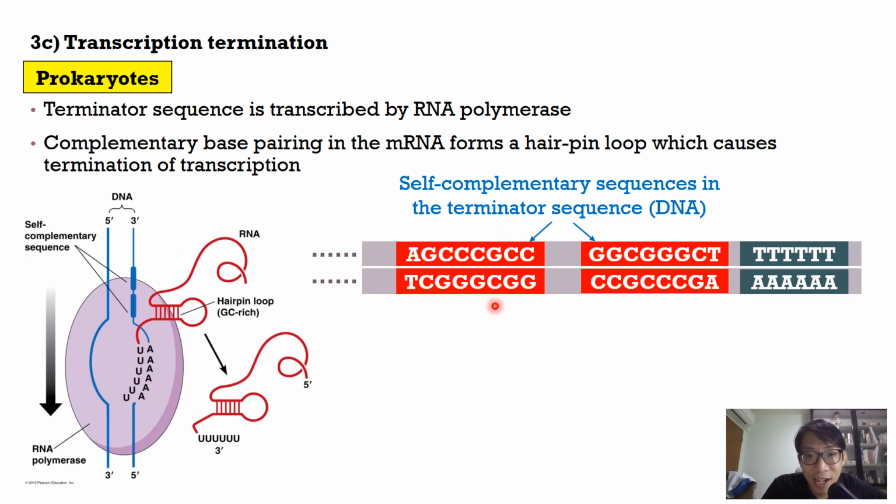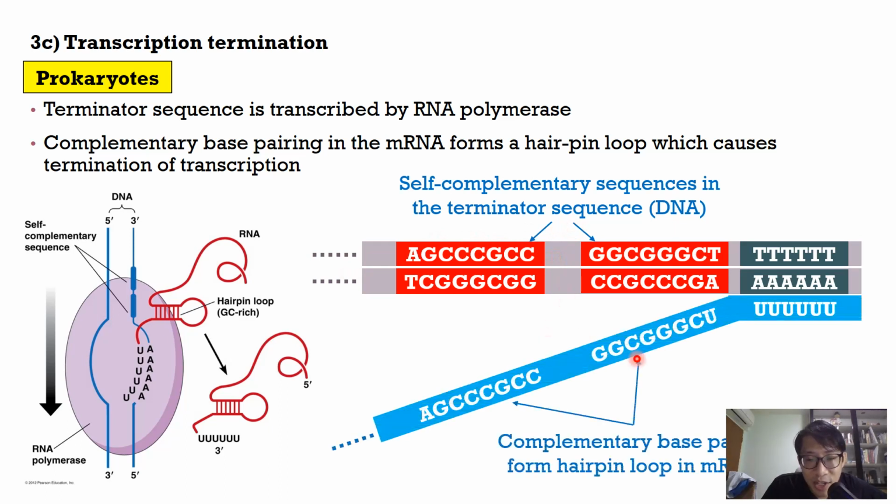So this is in the DNA, as part of the terminator sequence. As you can see, this part and this part are self-complementary. Once transcribed into the mRNA, remember the terminator sequence is transcribed, this would be the corresponding complementary sequence in the mRNA. And they are self-complementary, as you can see.